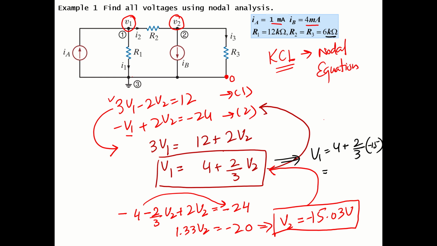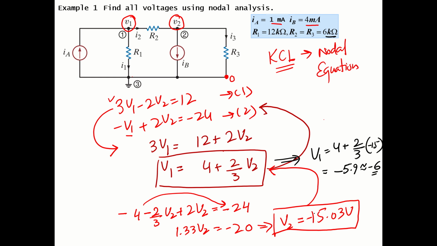So what will be that? 4 plus 2 over 3 times minus 15. So the answer comes out to be basically minus 5.9. Or if we go to the exact, we can say that this is around minus 6.